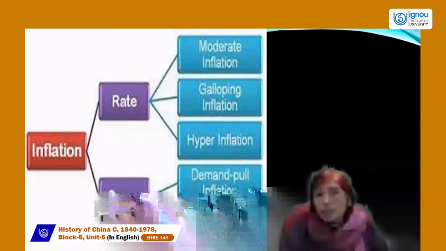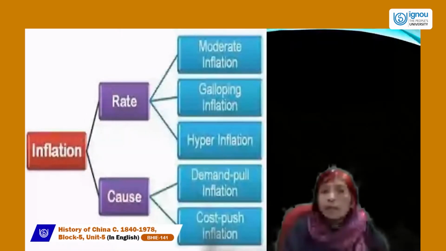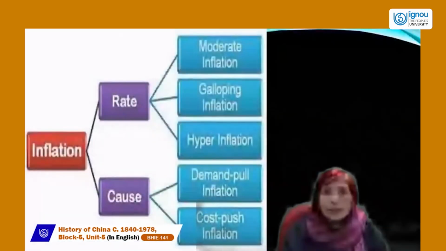Next inflation type is demand pull inflation. It is clear by its name, it's demand pull inflation. So this inflation occurs due to an increase in aggregate demand. When aggregate demand increases and aggregate supply remains less, then demand pull inflation exists in the economy.